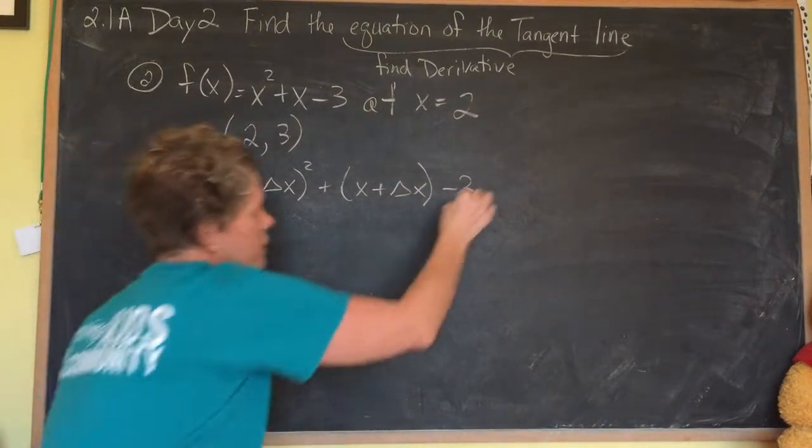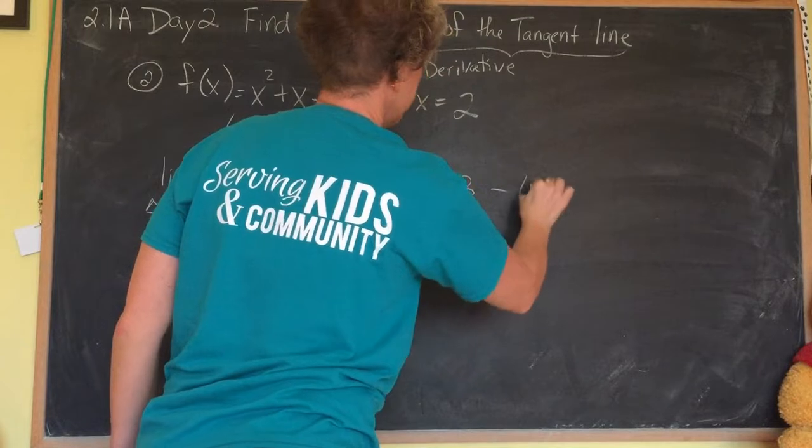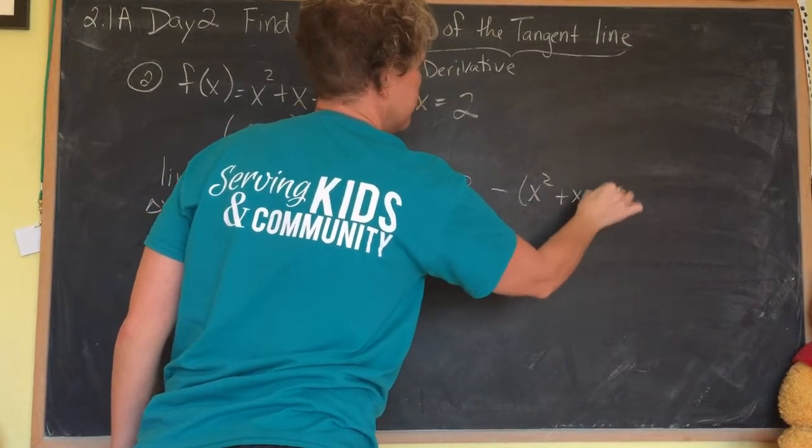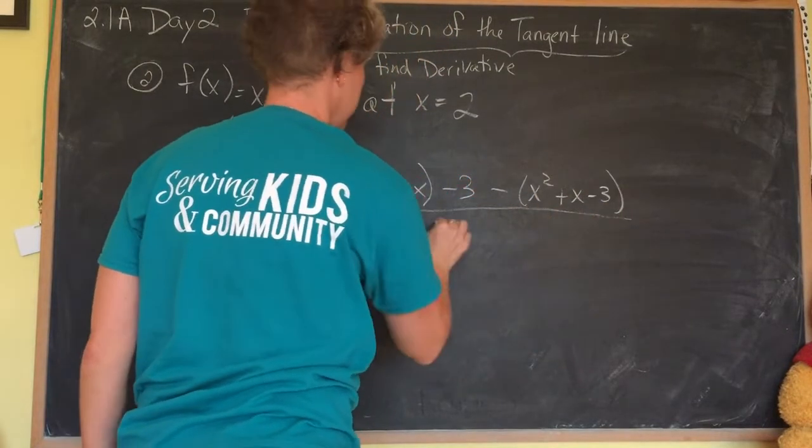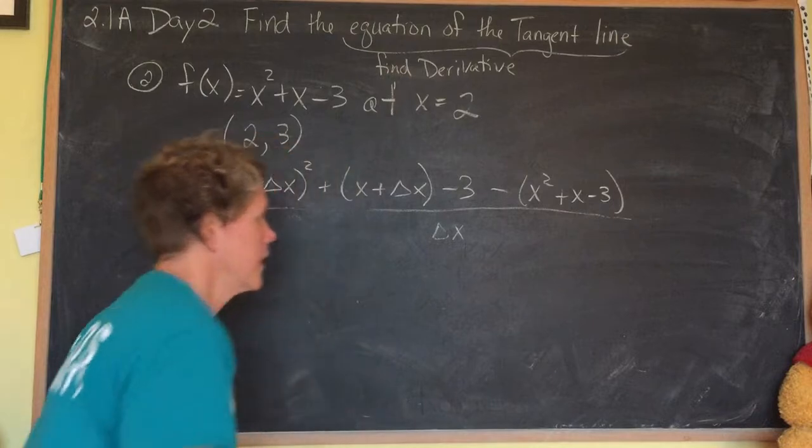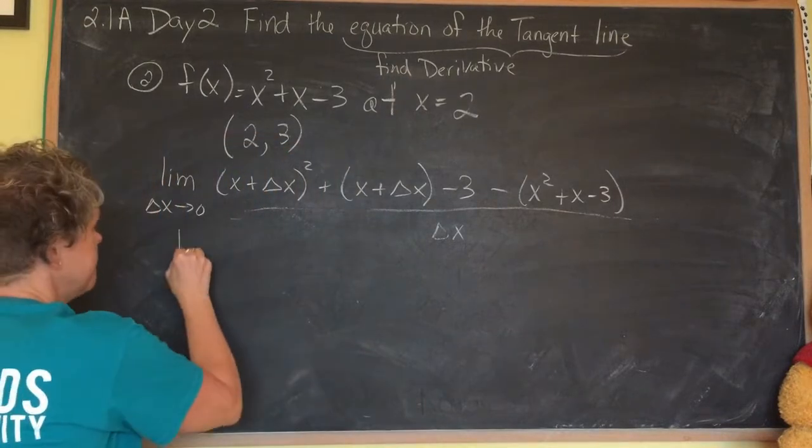Now I have to subtract off that function itself. All right, so I'm going to FOIL and distribute.